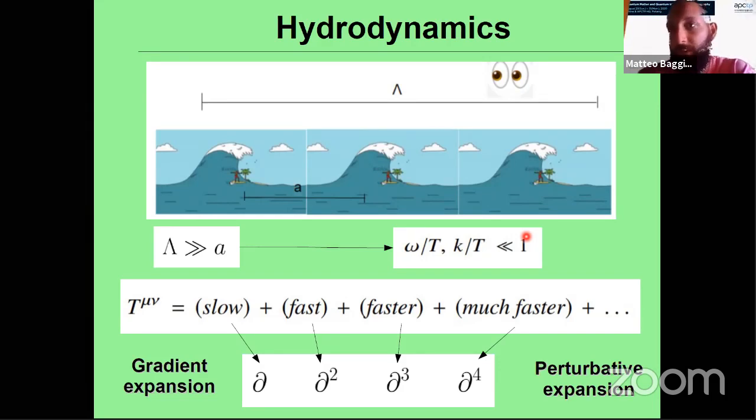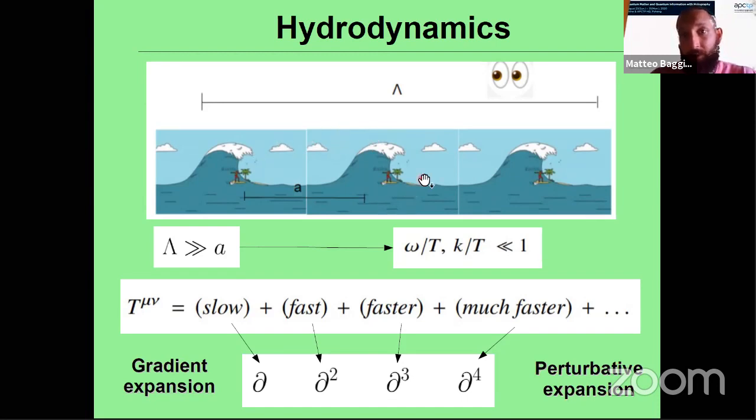Here, what we mean by hydrodynamics is something, let's say, more extended. It's just the description of the system at large distances and late times. Imagine you have a system with a characteristic, let's say, microscopic length scale, which we call a.